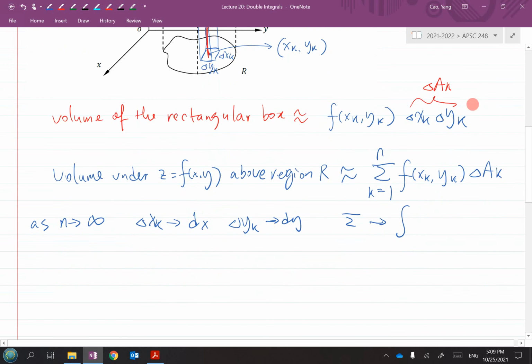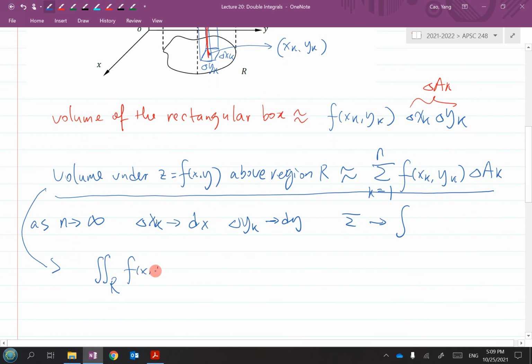Then the volume we're calculating, let's just steal the same description here, becomes an integral. Not only one integral, now we have two integrals here, so I'll explain. Basically, the summation here becomes an integral. You're integrating this function f of x, y, and this area delta A becomes dA.